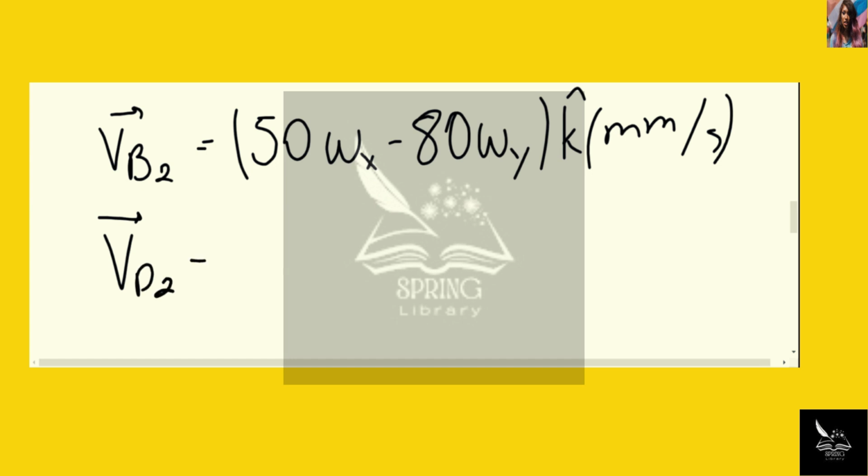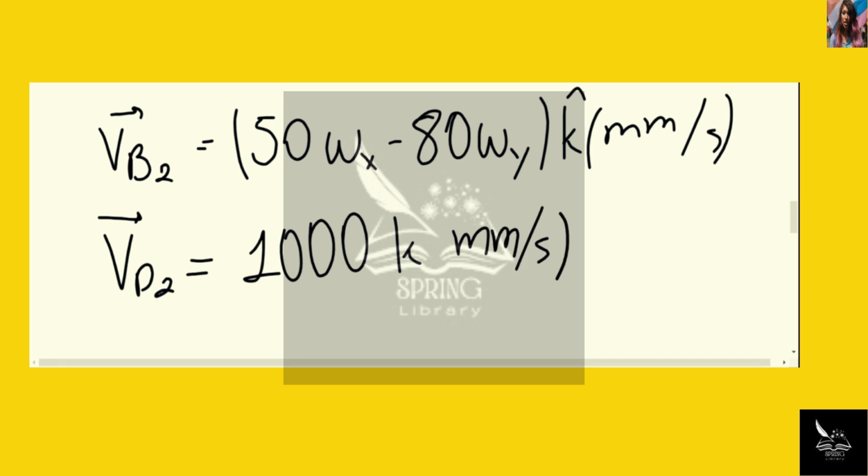And the linear velocity of point 2 at the rim of gear D is 1000 millimeters per second k hat.